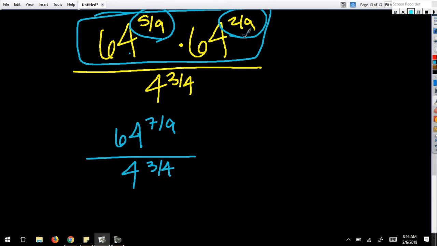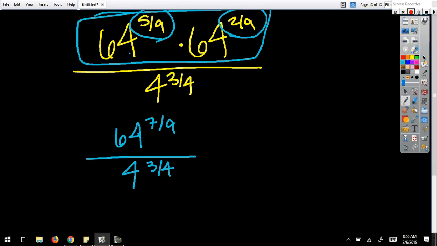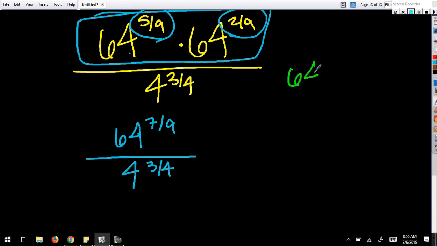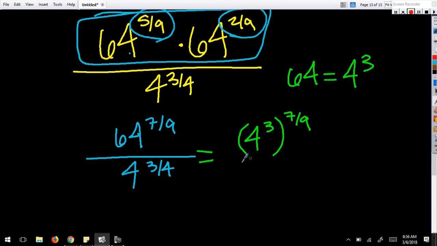So think about this. This is where I was talking about base manipulation a little bit. If 4 to the 3rd is 64, do you agree that I could rewrite this as 4 to the 3rd? Now, it's still got this exponent, and the bottom's still there. Do you agree with that?